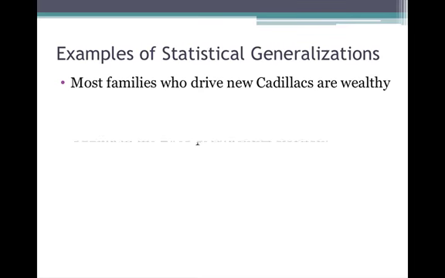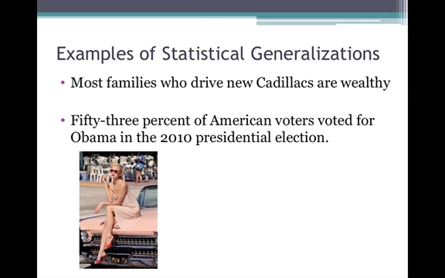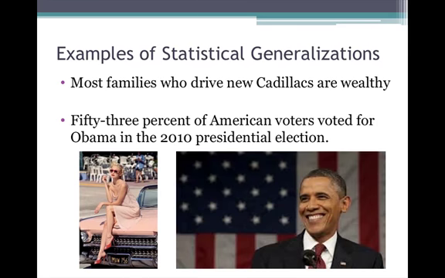Examples of statistical generalizations include most families who drive new Cadillacs are wealthy, and 53% of Americans voted for Obama in the 2010 presidential election. Here we've got an example of just a general qualifier word, most families. It's not the case that all families, but it's the case for the majority, for most. And then here we've got a statistical generalization that focuses on a more specific percentage, namely 53%.